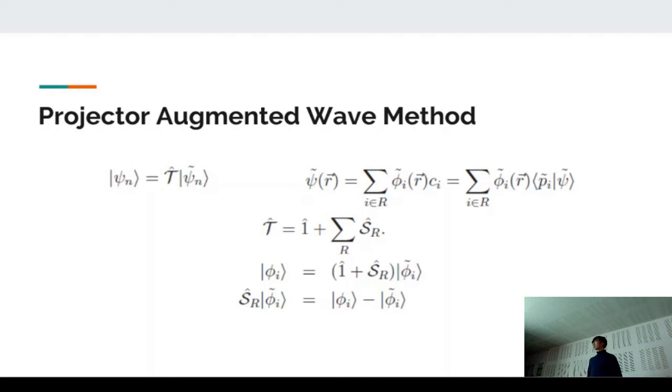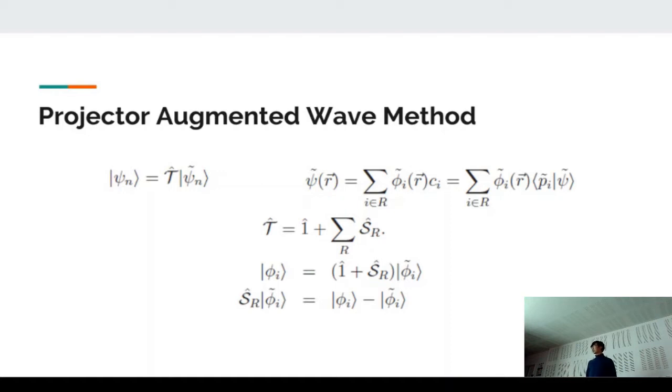So we take the wave function psi, we define it as the operator T that acts on some pseudo wave function. The pseudo wave function is defined from a pseudo potential, and Jafar has pointed out pseudo potentials earlier. The pseudo potential is a sum over many partial waves, and what we want is to find an explicit form of T. So it's given like this, but we want to know even more, namely what does SR look like.